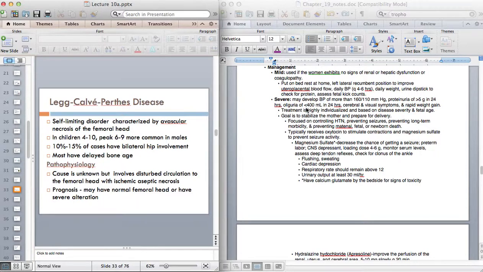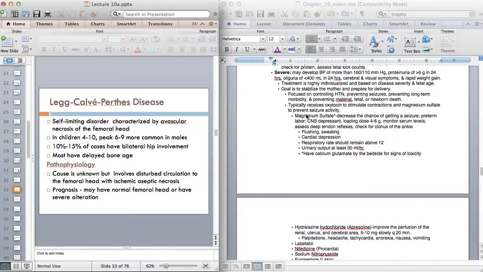The child has no clue what happened to them. All they will know is that one morning they'll start limping because of pain on the affected side. You ask them what happened to your leg, and they have no clue. No history of trauma, nothing. They don't know.